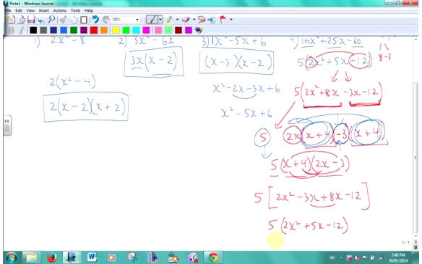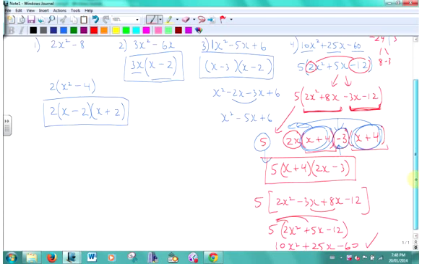Everything's multiplied by 5, so that's 10x squared plus 25x minus 60, and bingo, that's exactly what I had to start with. So now I know that's correct. Okay, fully factored. Let's remove my mess again. That's what it is. And that's probably as tough as they're going to get in grade 10.